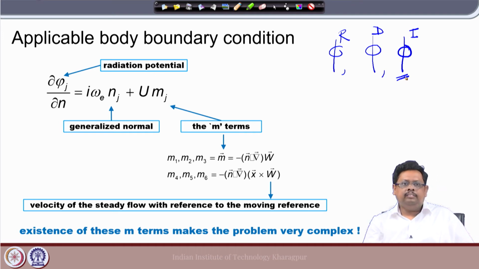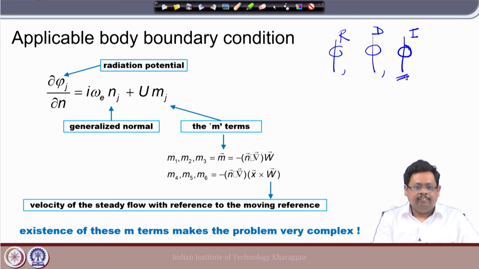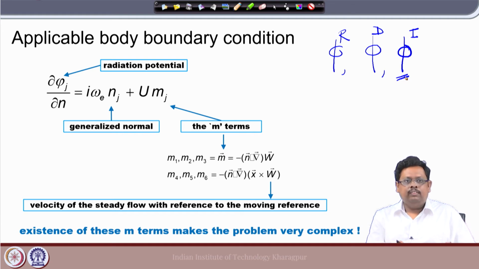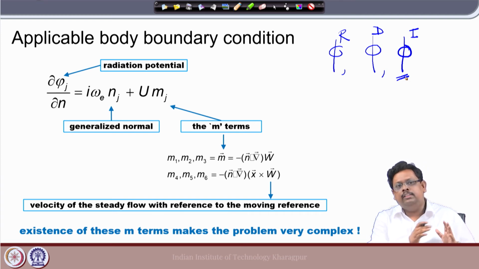So here, look at this radiation and the boundary condition. What I am trying to tell you is how this forward speed problem, that mathematical development, is different compared to the zero speed case.